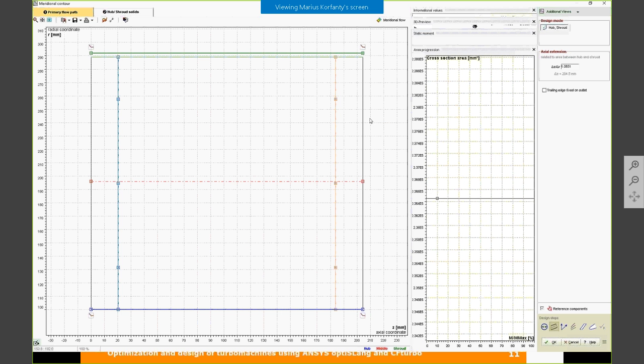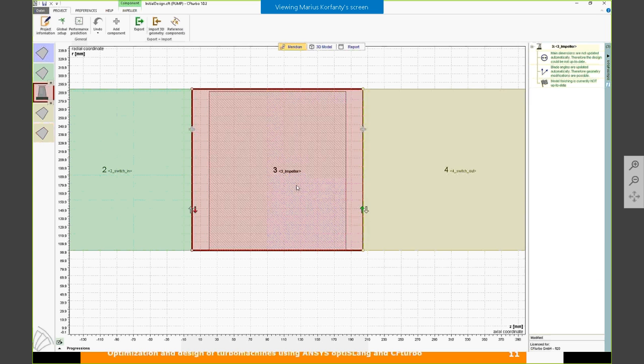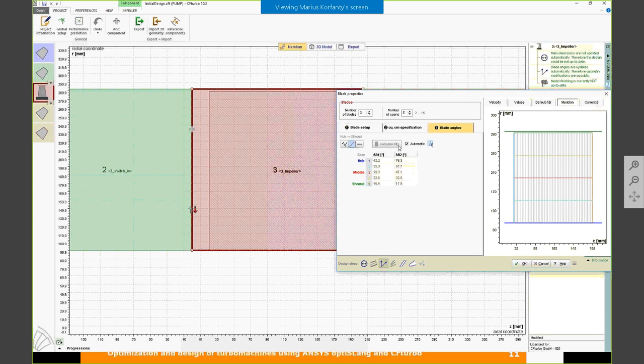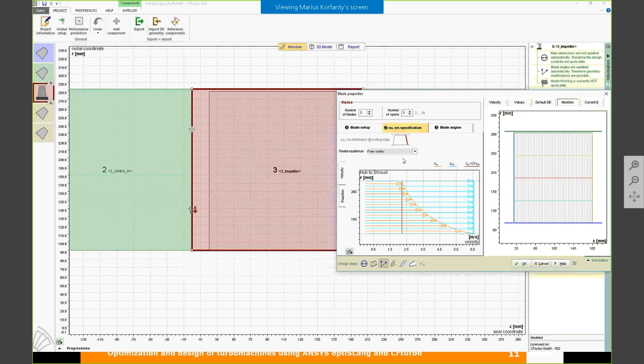Then we can design our meridional contour, which is just a pipe in our case, but we can define our leading edge and our trailing edge. We have to define our blade angles at the inlet and at the trailing edge. These are calculated automatically due to the use of the free vortex design method.